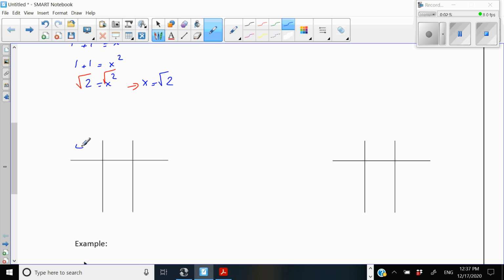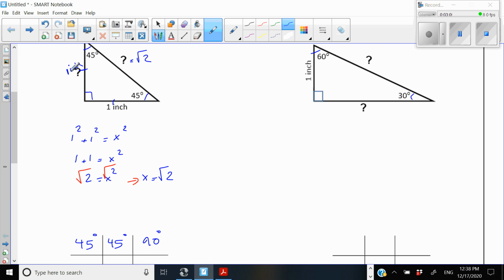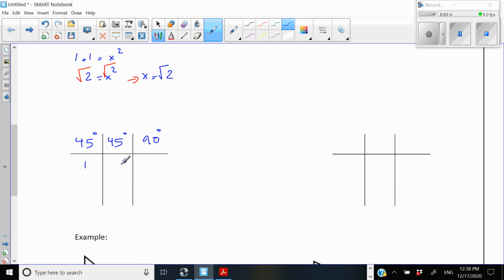So let's say here I'm going to write this is the measure of one of the angles, this is the measure of the other angle, and this one is the last one. 45, 45, and 90 degrees are the measures of the angles. So as I have found the sides, the two legs are 1 and 1, the hypotenuse is radical 2. So I'm going to write that here, 1, 1, and radical 2. So these are basically the ratio of the sides for all 45, 45, 90 triangles.